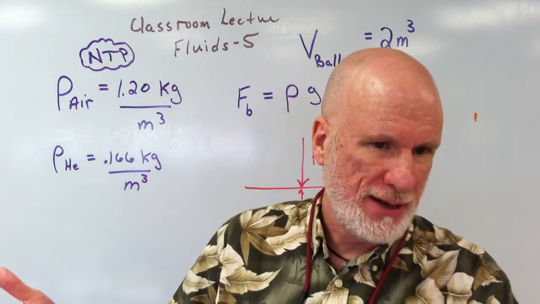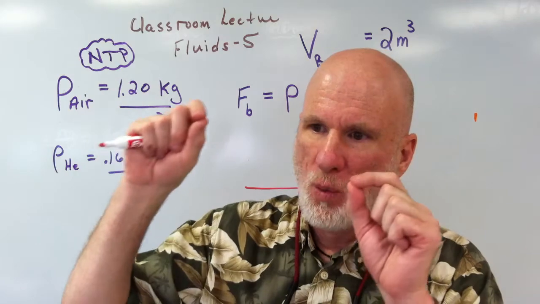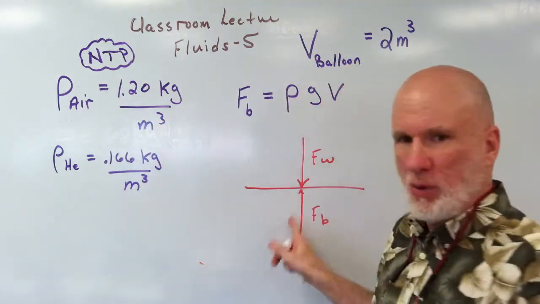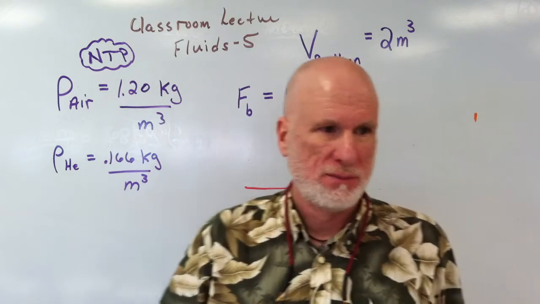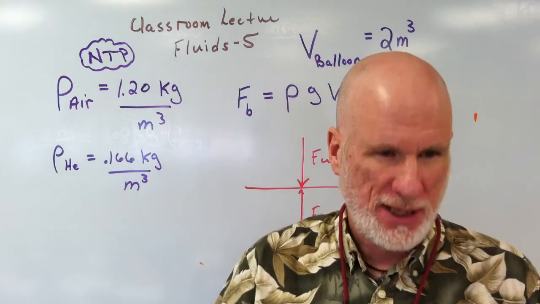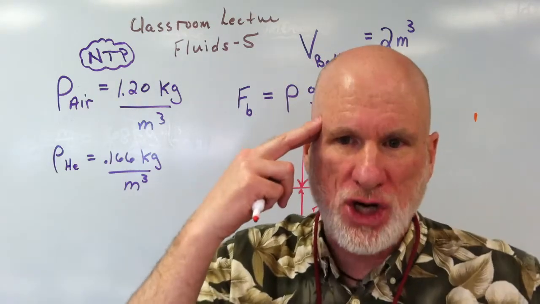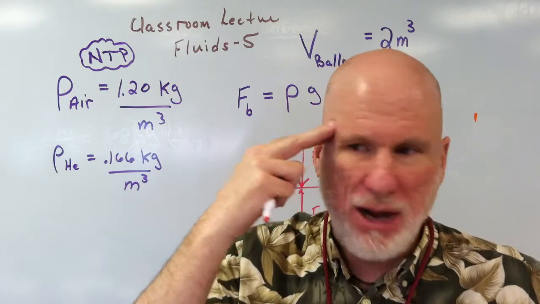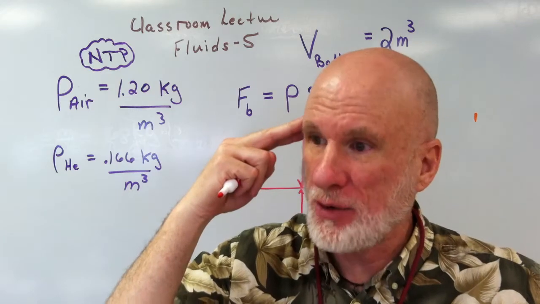This is the second part. You ready? When something is floating, the buoyant force and the weight are equal. That's the physics. Clear? So how can I determine the weight of a battleship? How can I determine the weight of an aircraft carrier?